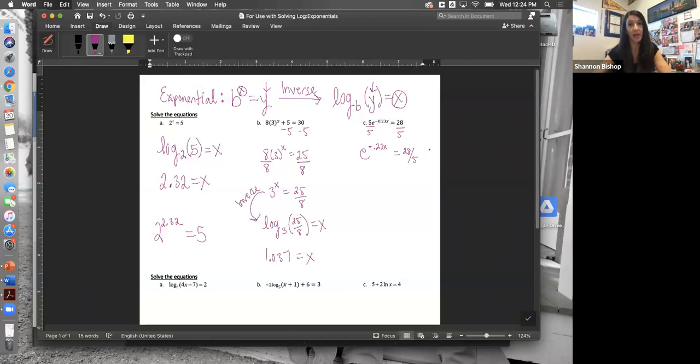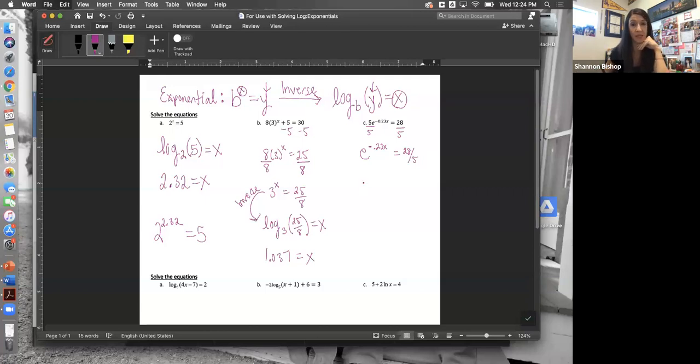Okay, so now you're looking at it, you're like, okay, the base is e, the exponent is that, the answer is 28/5. Now what? Well, guess what? It's ready. All you have are bases, powers, and results. It's time to convert this into a logarithm. Now, this one's fun because it's base e, so check it out.